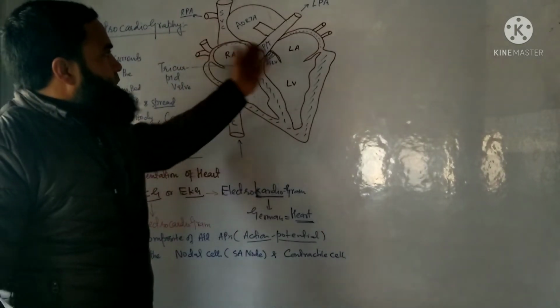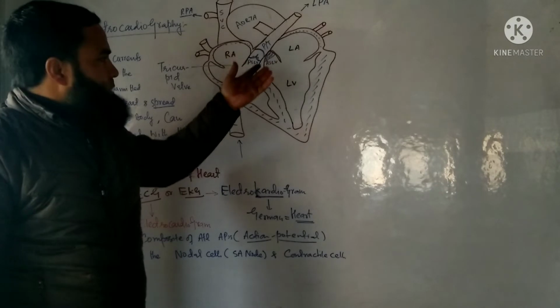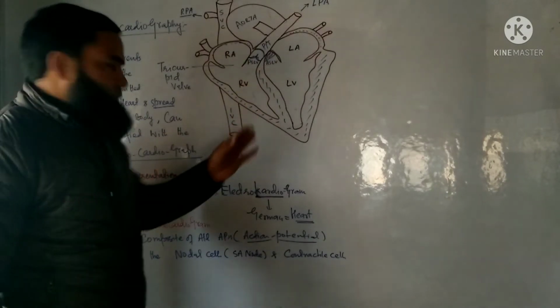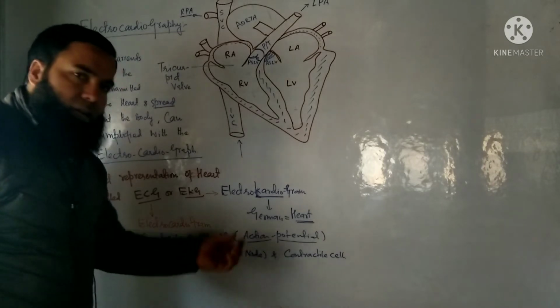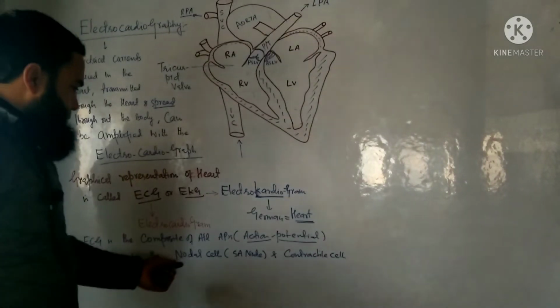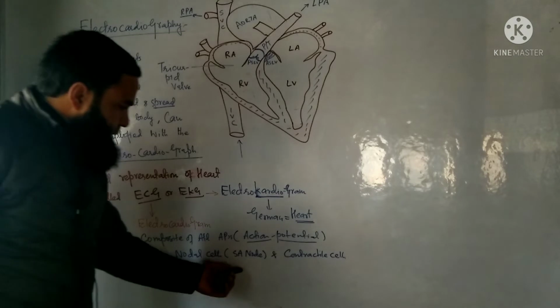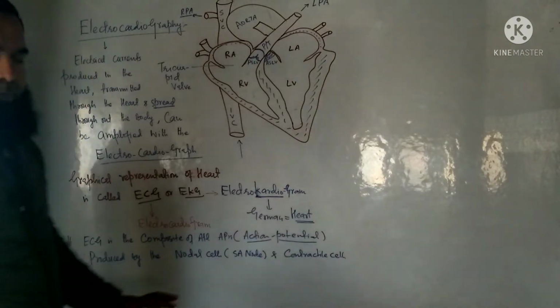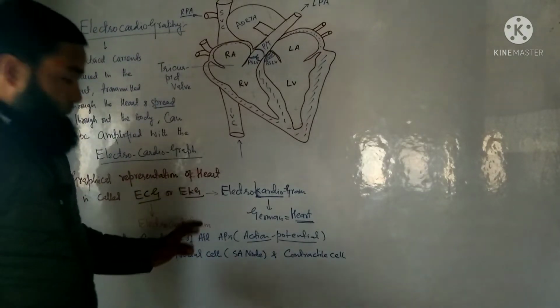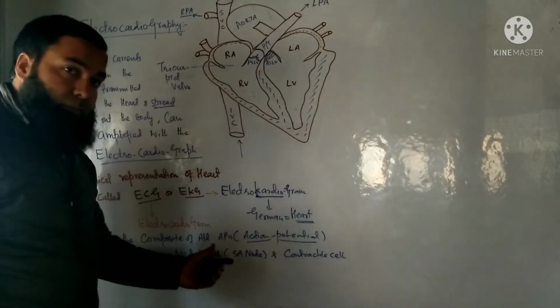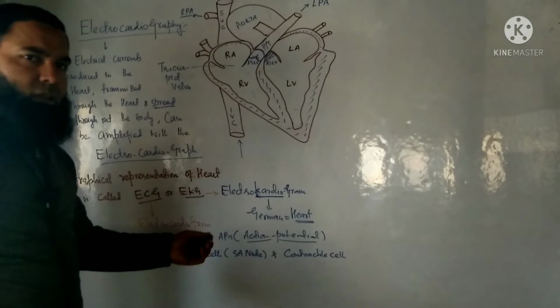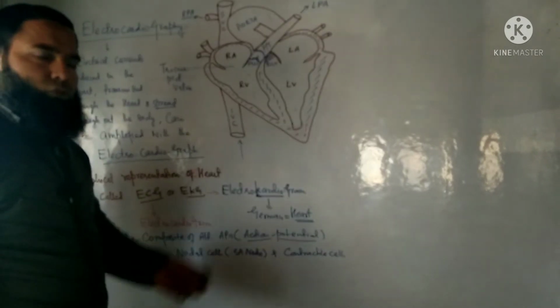Then it spreads towards the respective auricles and then towards the ventricles. So actually ECG is composed of all APs. That means the action potentials produced by the nodal cells in the form of the SA node and the contractile cells. It is not a single AP which is produced by a single cell, which is sometimes assumed to be.